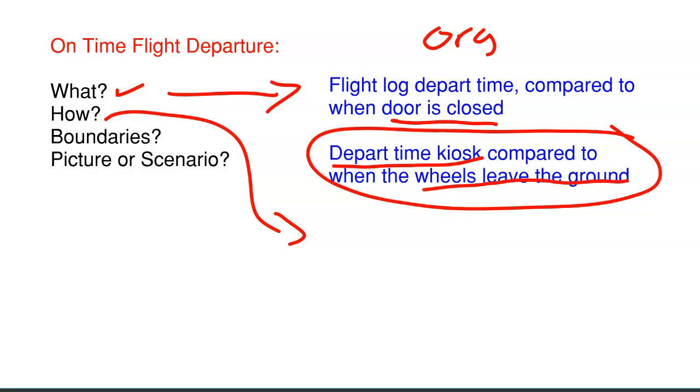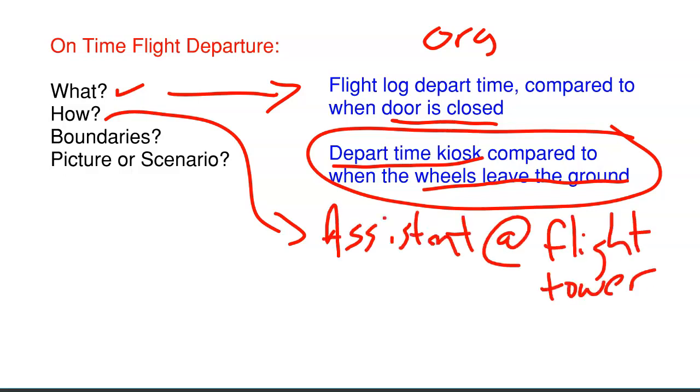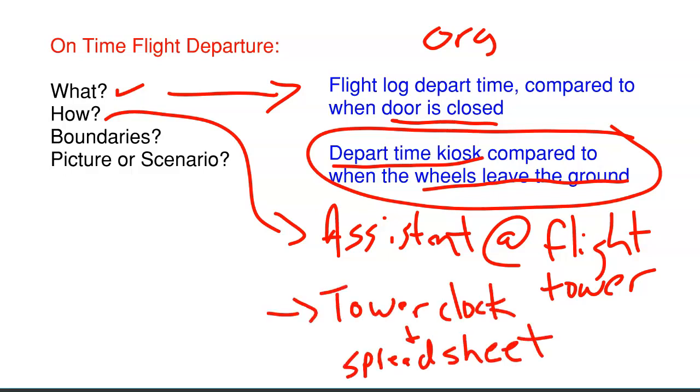And instead we've got some sort of an intern assistant at the flight tower who is responsible for collecting this information, and they're going to use the tower clock and a spreadsheet that the process improvement team made that has a listing of those departure time kiosk values, and they record what the actual time was.